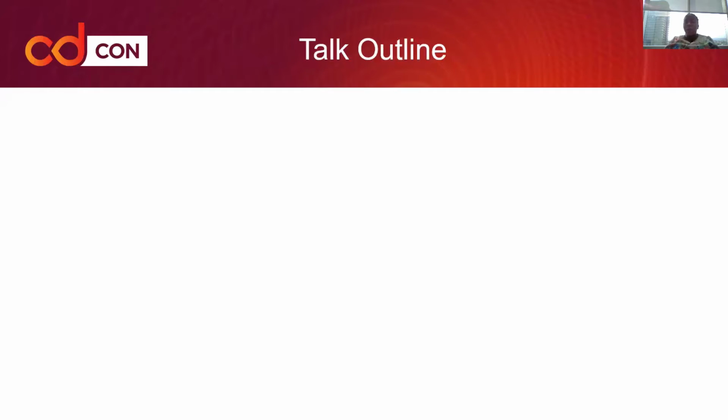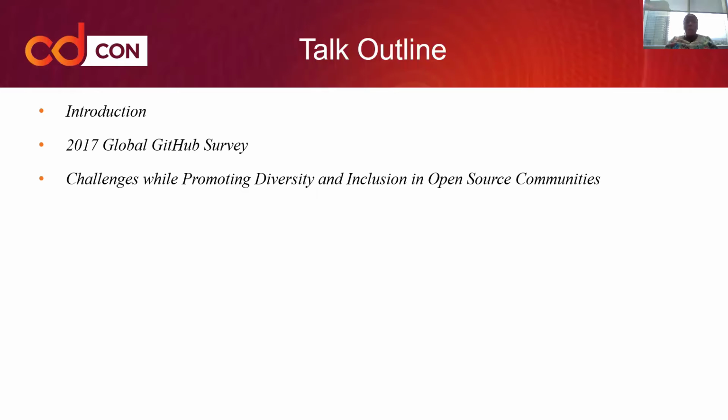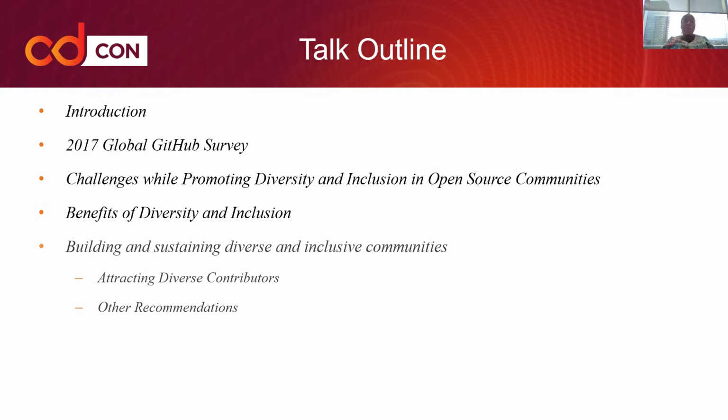For the talk outline today, I'm going to be giving a brief introduction of the subject. I'm going to be looking briefly at the 2017 Global GitHub Survey, just to get familiar with some numbers, challenges while promoting diversity and inclusion in the open source communities, benefits of diversity and inclusion, building and sustaining diverse and inclusive communities.